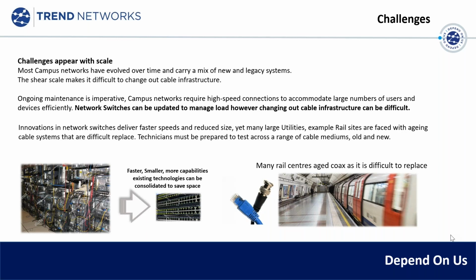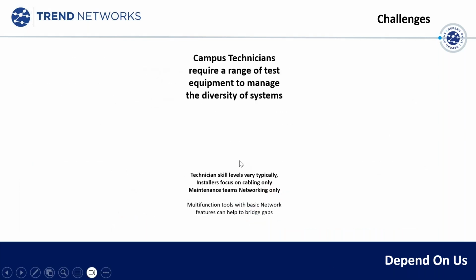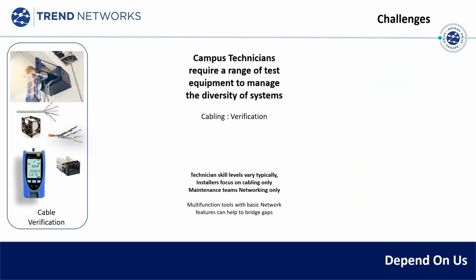So these are some of the challenges that we'll see with the network infrastructure. The second part is there are different people that work on campus networks. You can imagine we have someone that works with cabling, a cable technician, and you also have a network technician. To introduce the types of devices these people require to do their job efficiently, they start with the basics, cabling verification.